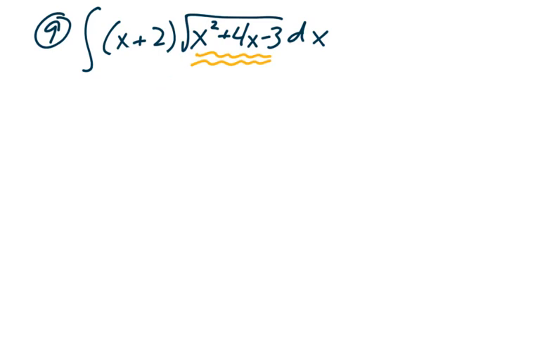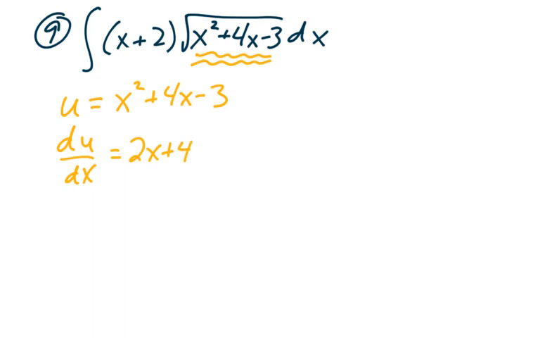Alrighty, here we go. Feel free to pause right now, folks, if you want to try this on your own again, and just start up again when you want to see the answer in the steps. There's my u. There's my du dx.